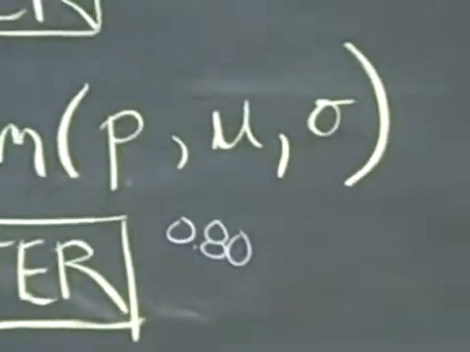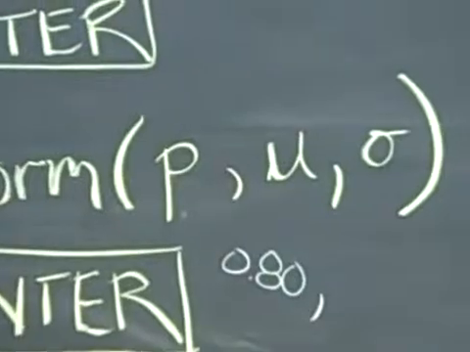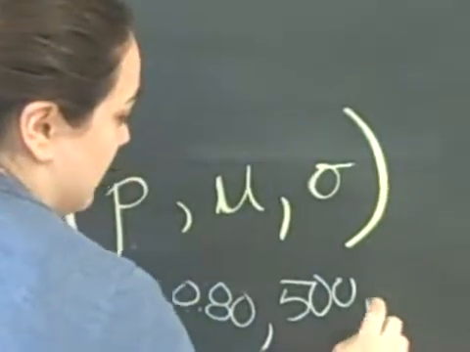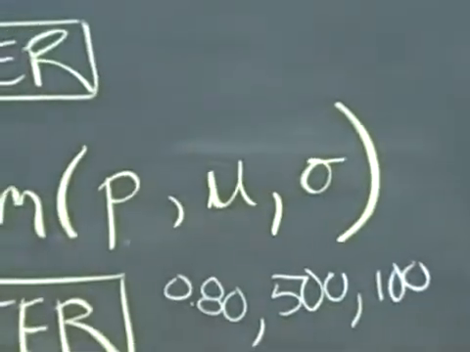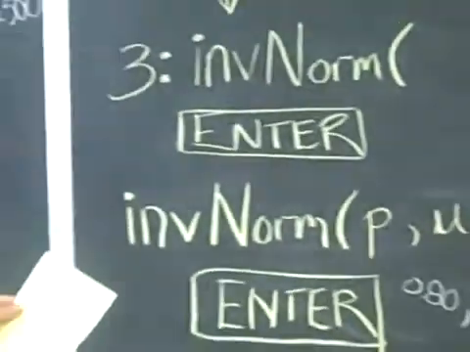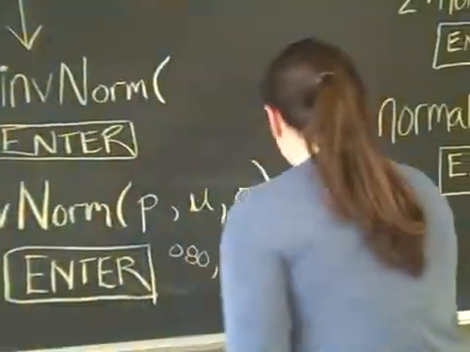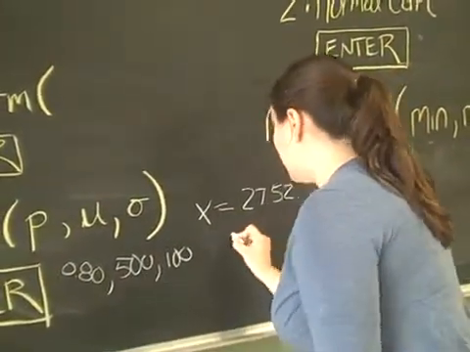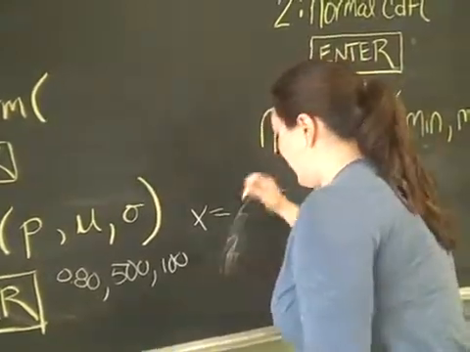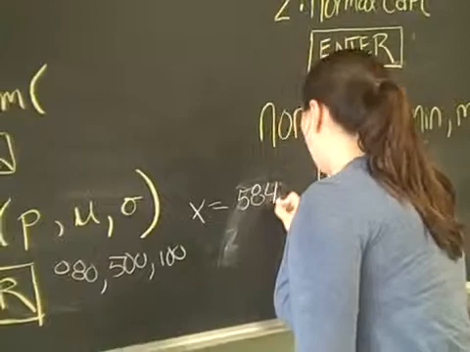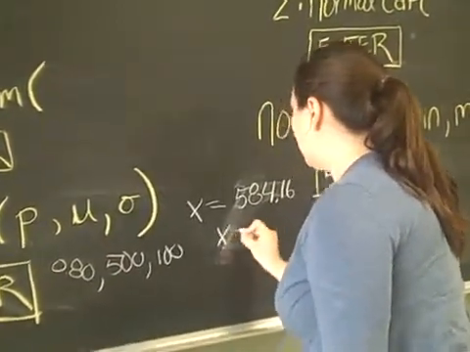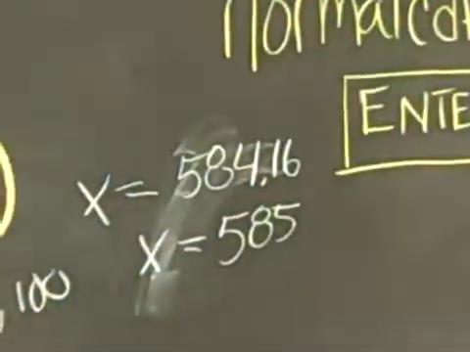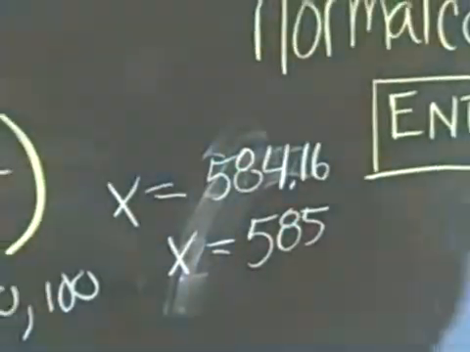And the mean for this SAT is 500, and the standard deviation is 100. So when we calculate that out, it gives us that x equals 584.16. So she must get at least a 585 to be at the 80 percentile.